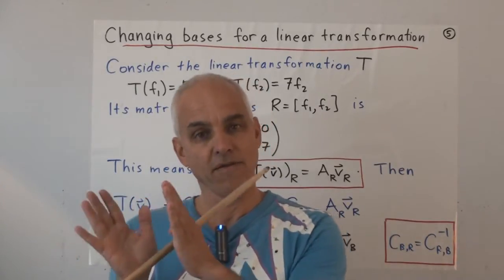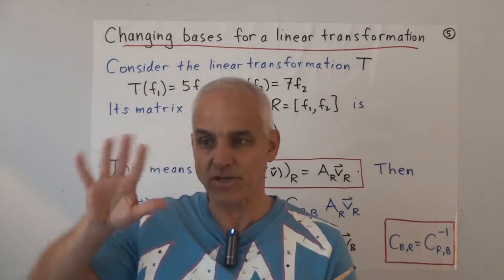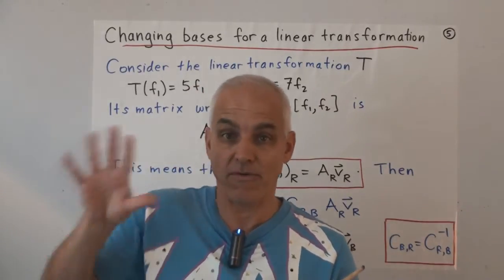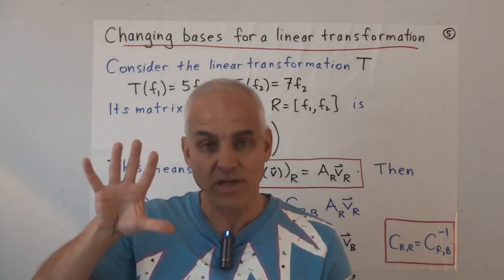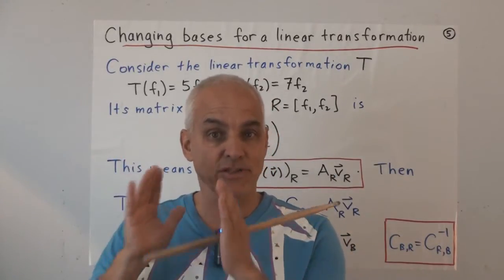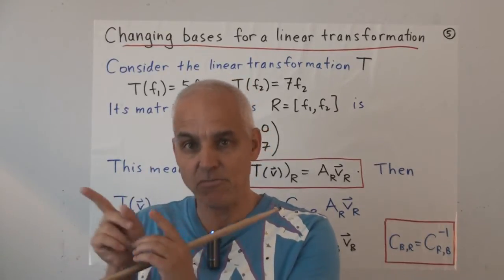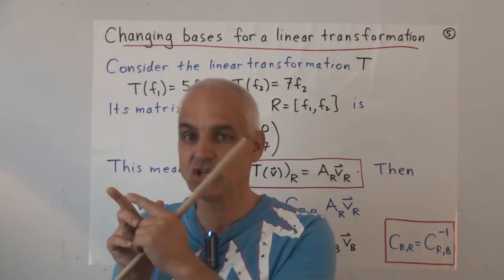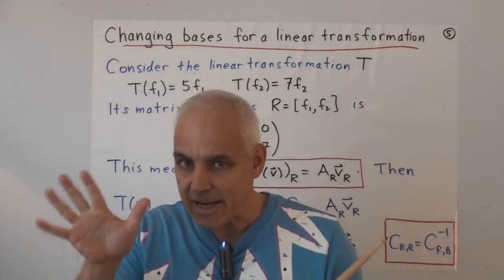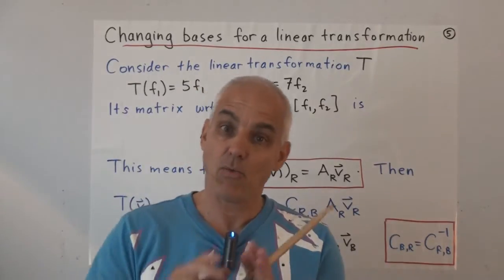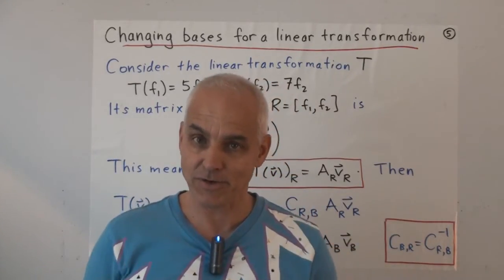Okay, in any one frame of reference, say Bob's, a given linear transformation, a rotation say, or a reflection, or a dilation, is going to have a certain matrix representing it. And that matrix is with respect to Bob's system, with respect to his choice of basis vectors E1 and E2. Now that same linear transformation, when looked at by Rachel, is also going to have a matrix associated to it.